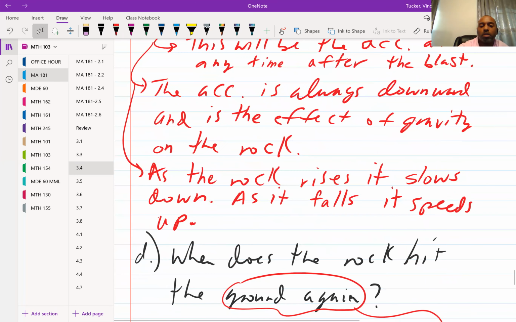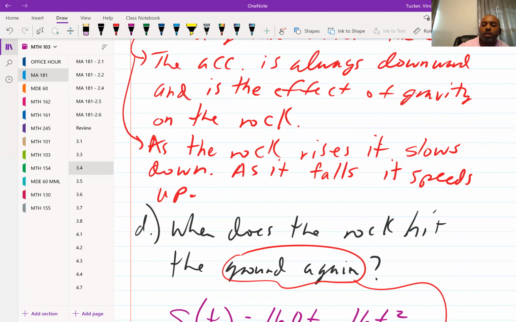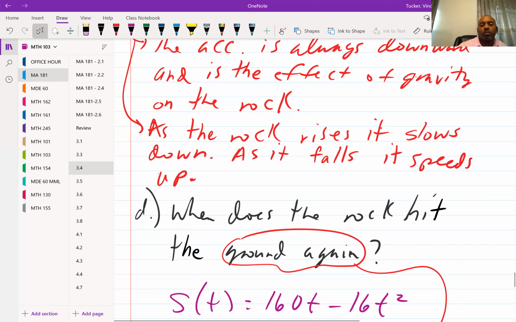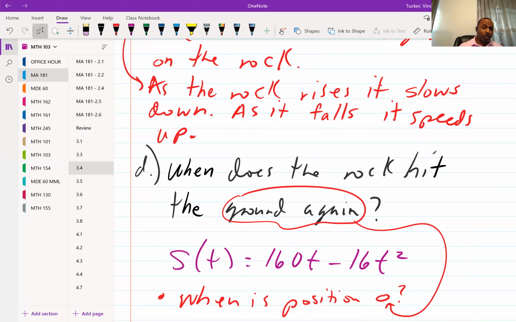Got another one. It says, when does the rock hit the ground again? Once again, we're talking about position.